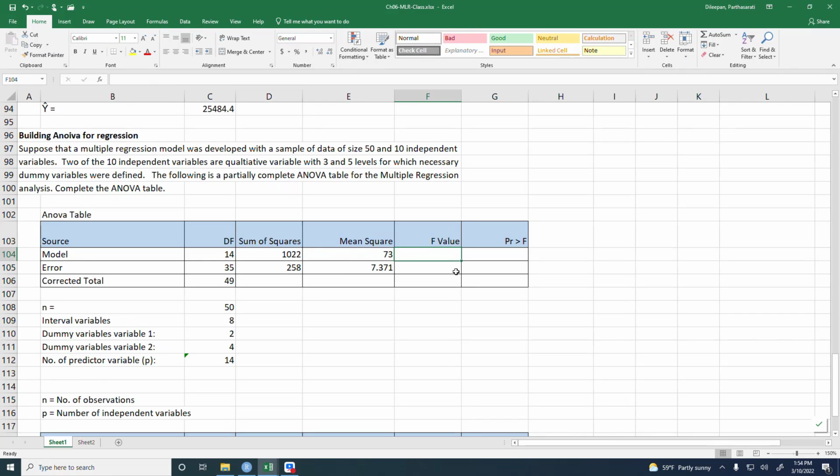Then we have the F value, which is MSR divided by MSE. And once you have that, then this will be F dot dist dot RT of the F value, comma, the numerator degrees of freedom, and then the denominator degrees of freedom. So that will give you the p value.